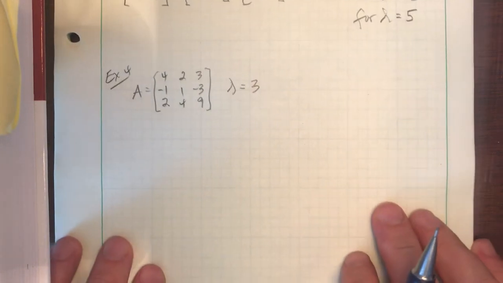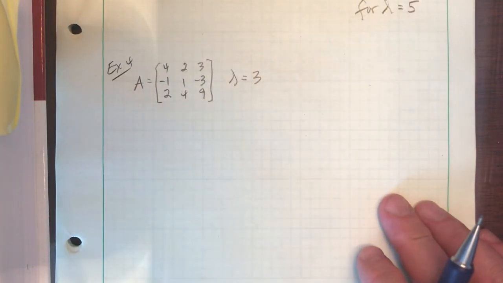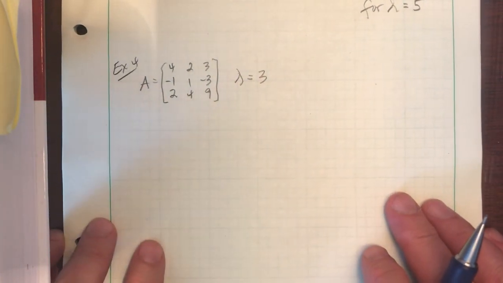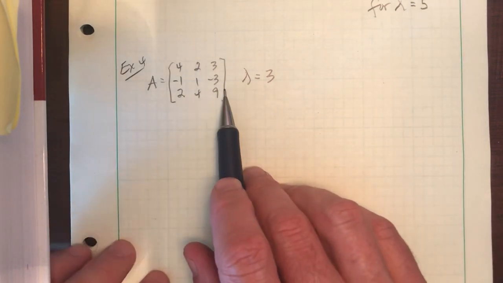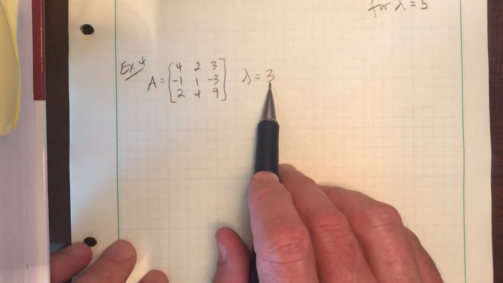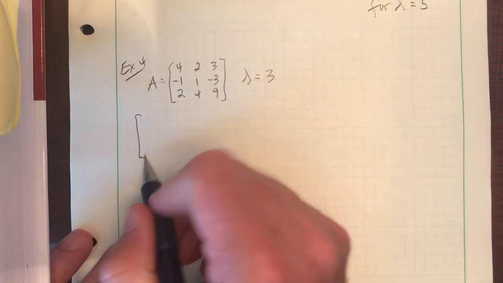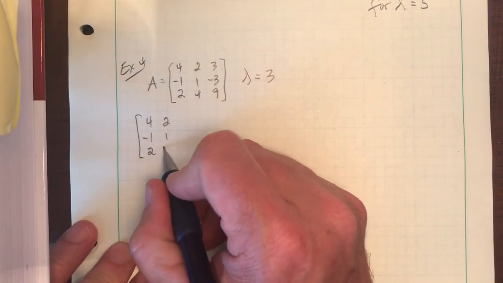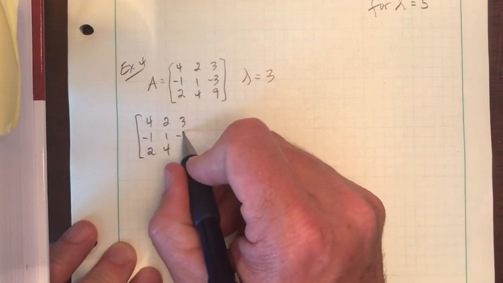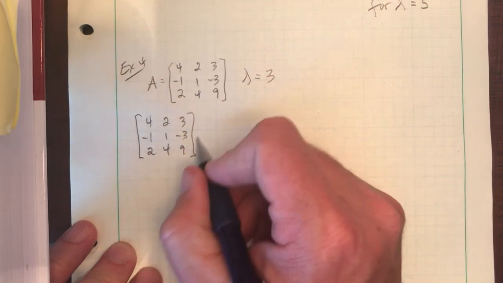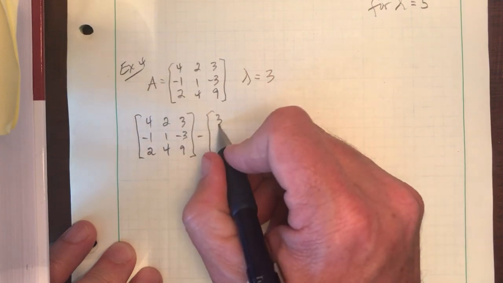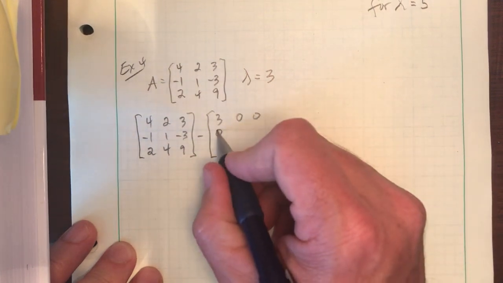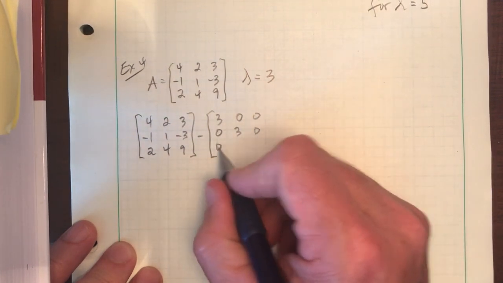Last example. Let's check out a 3 by 3. Same question. Let's find a basis for the eigenspace associated with the eigenvalue 3. So, grab the A matrix, subtract the scaled identity, this time 3 by 3.